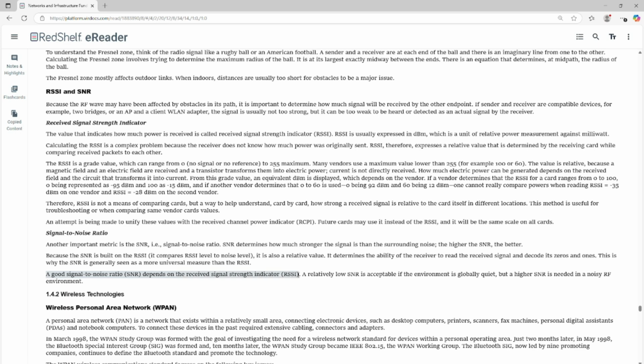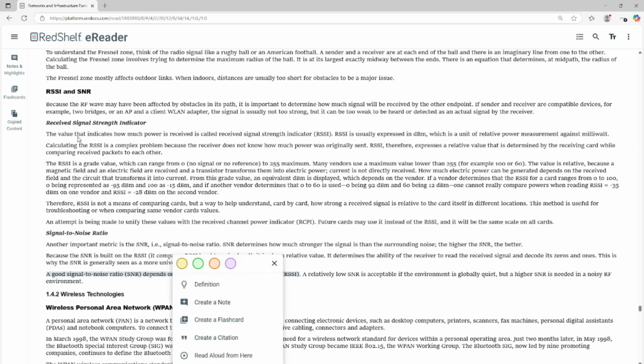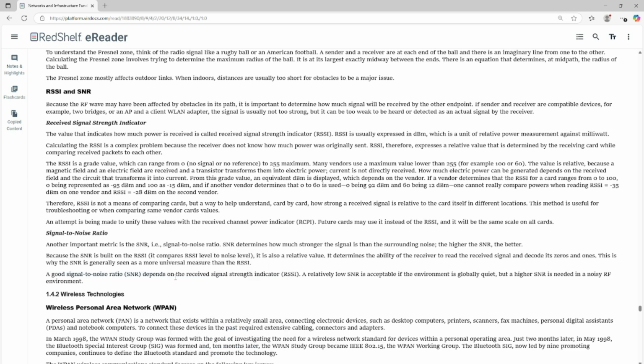Which means the received signal strength indicator indicates how much power is received. Therefore, if the received signal strength indicator is weak, it could mean that the signal to noise ratio is low.